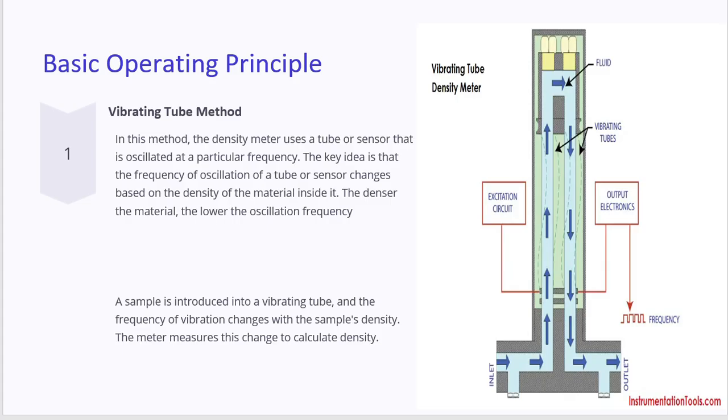The basic principle is frequency: there is a standard frequency for a standard density, they match it against that, and they calculate it with some API-based system in modern technology. In a simple introduction to the vibrating tube, the frequency of vibration changes with sample density, as I mentioned right now. The meter measures this change to calculate density.